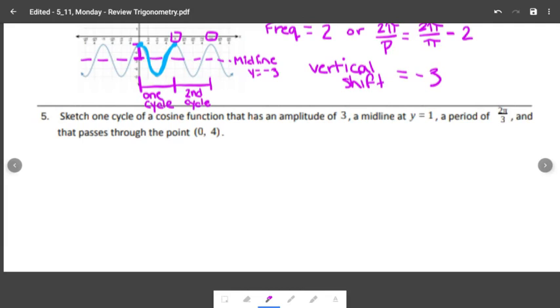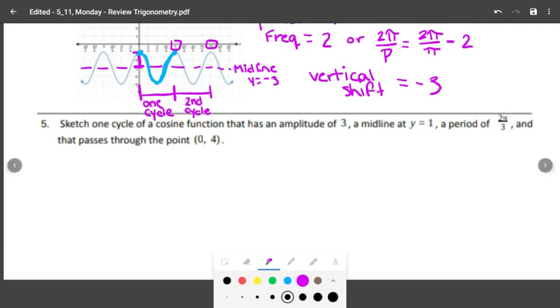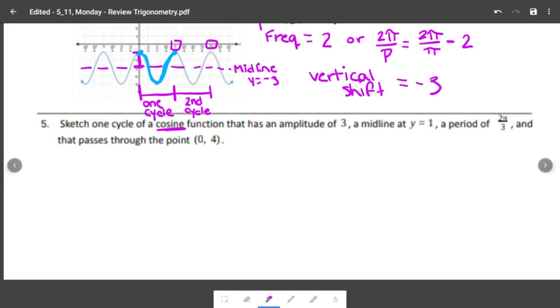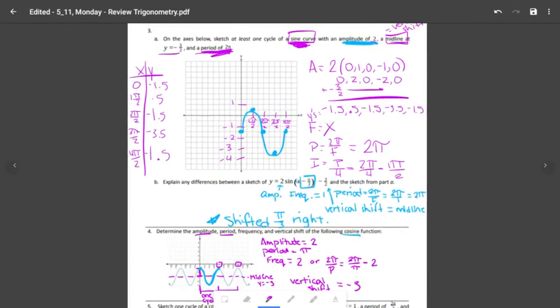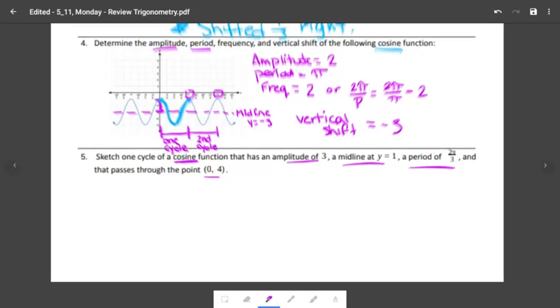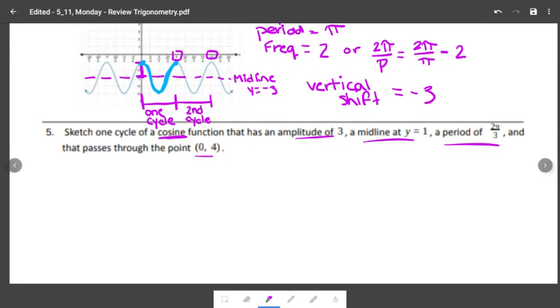Question 5. Sketch one cycle of a cosine function that has an amplitude of 3, a midline at y equals 1, a period of 2 pi over 3, and that passes through the point 0, 4. So this is just like question 3a. Very similar. So sketching, remember, we're always going to follow half pi.